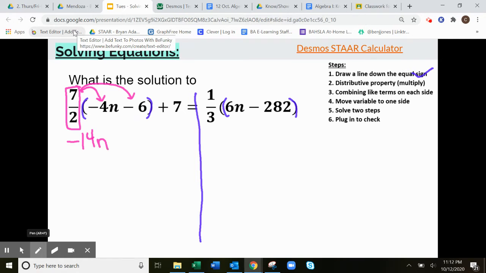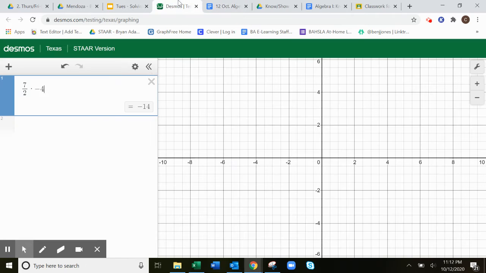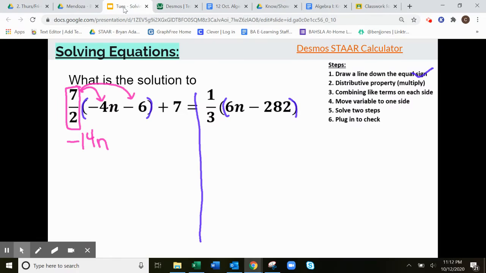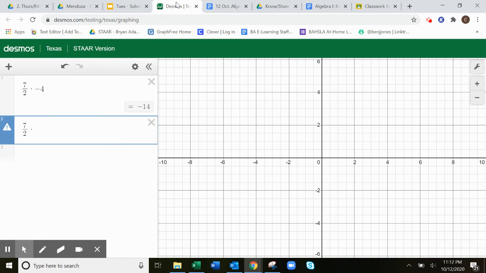All right, now that we multiplied this part, now we're going to go to 7 over 2 times negative 6. Let's go back to our calculator. So 7 divided by 2 times negative 6.